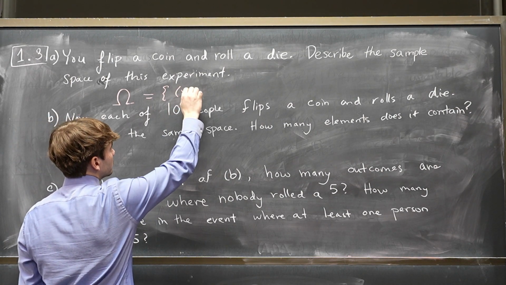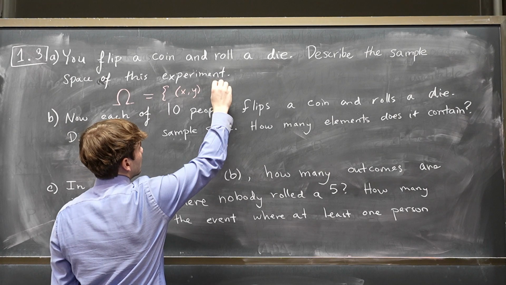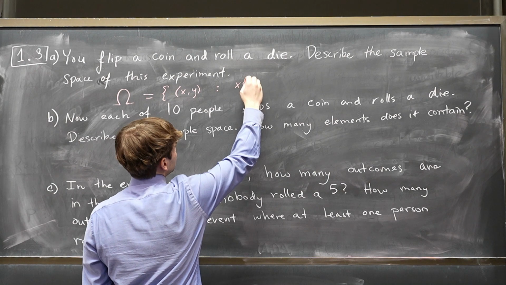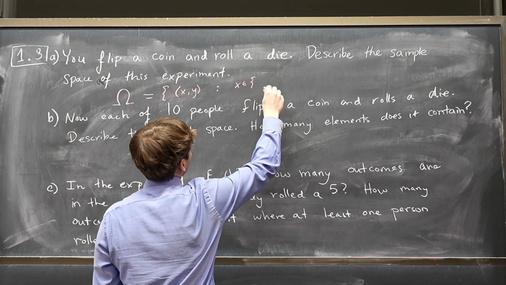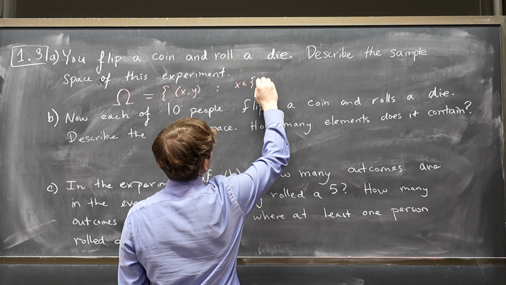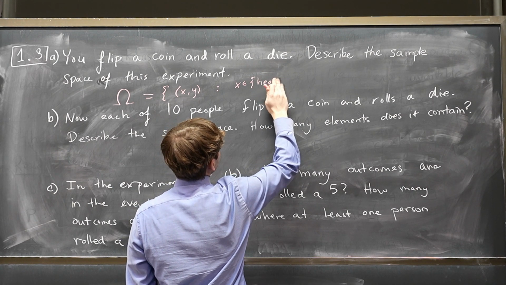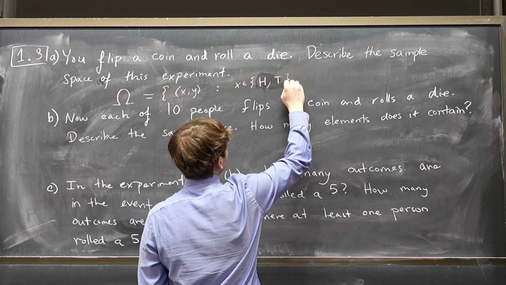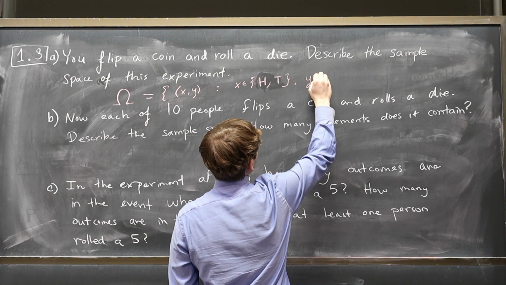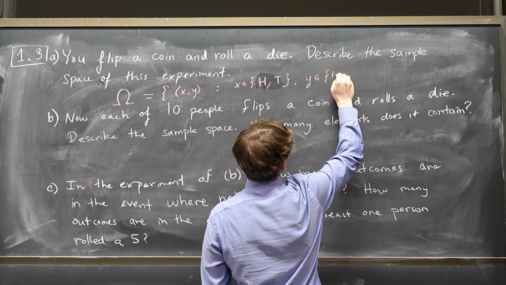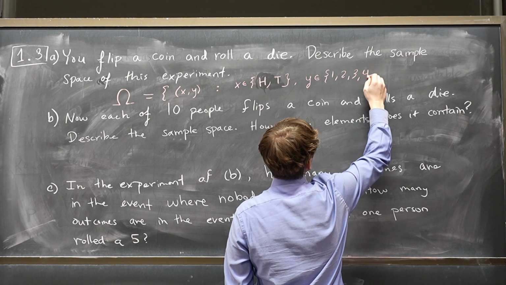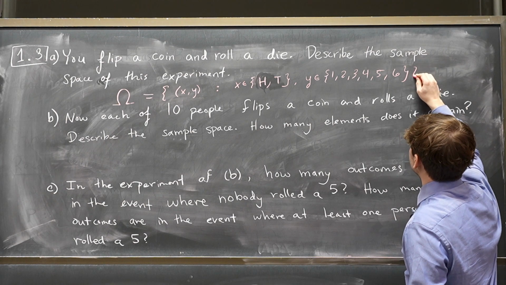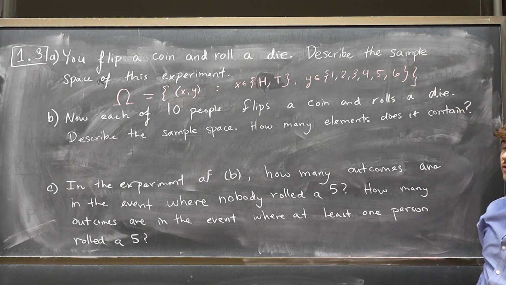So I might think to use a coordinate pair x, y, such that x belongs to, let's say, this set heads and tails, which I'll denote with a capital H and a capital T, and y belongs to the set 1, 2, 3, 4, 5, 6, which represents the outcome of the dice roll.